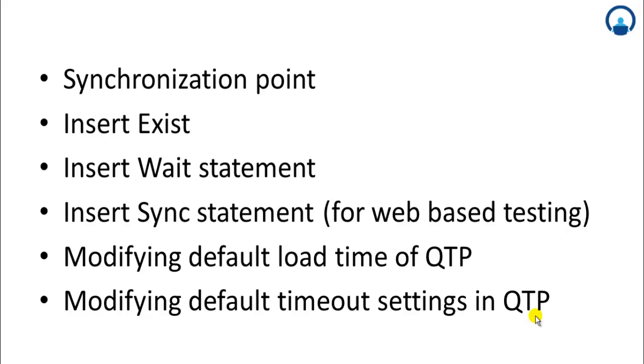Now the default is 20 seconds. You can change this according to your requirement. So by default, QTP will wait for 20 seconds for any object to get enabled before throwing an error. So if the object doesn't enable in that 20 seconds, it will throw an error automatically.